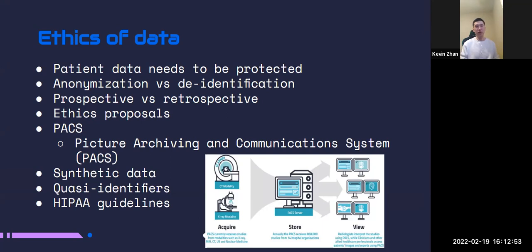So two terms I like to talk about are anonymization and de-identification. So with anonymization, what that is, is that we completely remove all identifying markers of an image. So for example, with a chest x-ray, we would remove anything that could lead us back to the patient permanently, right?